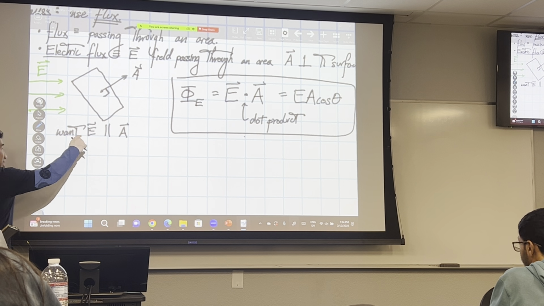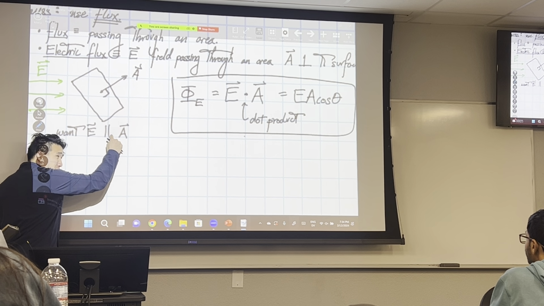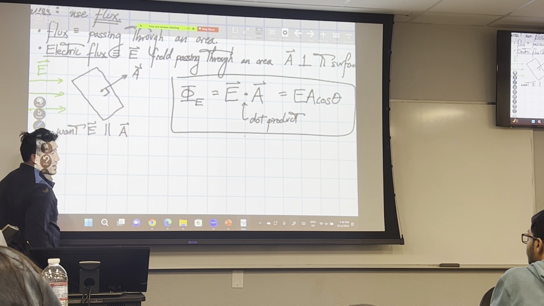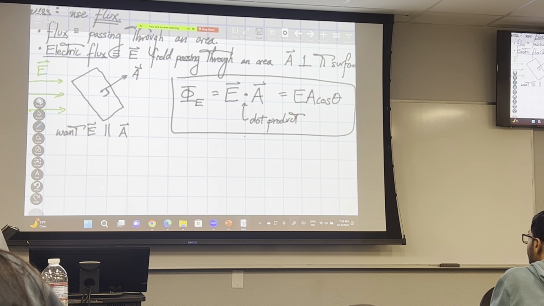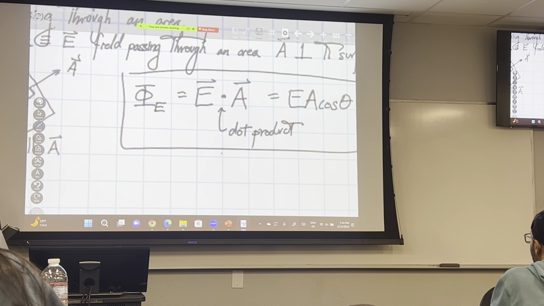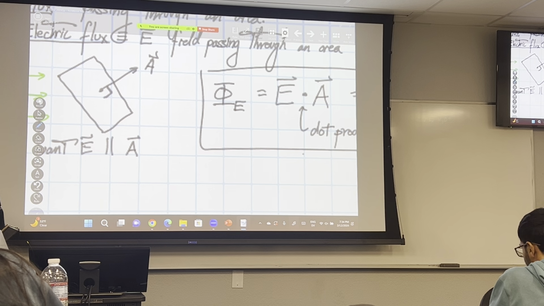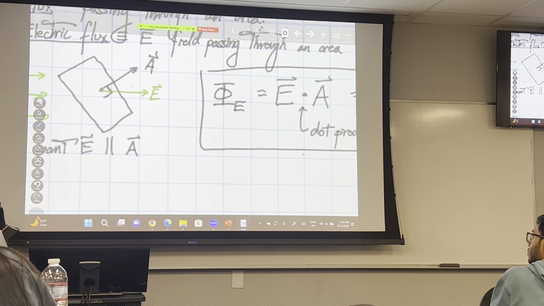So you can get the electric field that is perpendicular to A by taking the dot product. And how do we get the angle theta? Well, the electric field E is coming out of this direction. The angle between the two vectors is our theta.